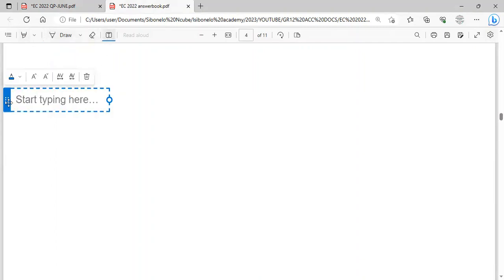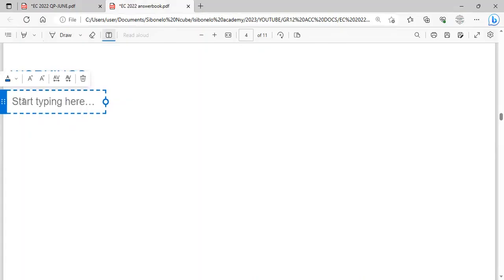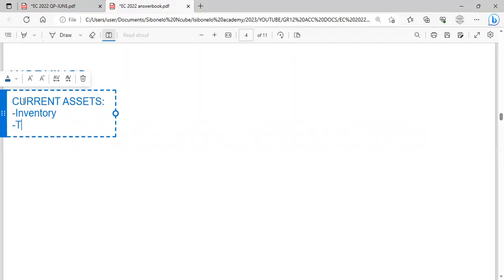We are given current assets, and we know that current assets consist of inventory, number two, account or trade receivables, and the third one is cash and cash equivalent.